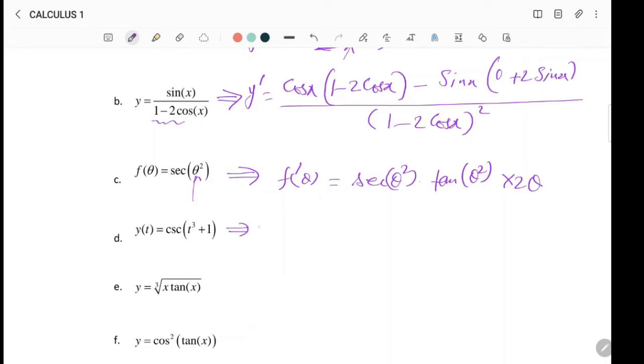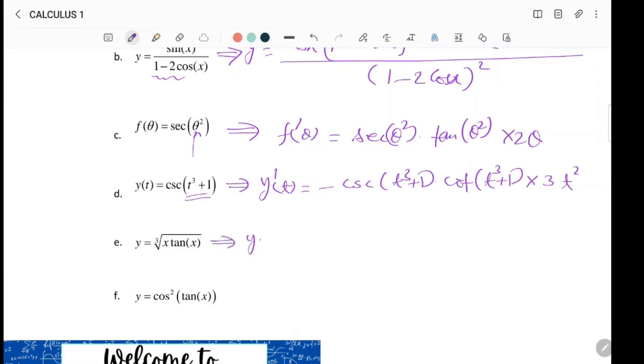Okay, now here y dash t is cosec x differentiation is minus cosec x cot x. So here x is t cube plus 1. So minus cosec t cube plus 1, cot t cube plus 1. And then t cube plus 1 differentiation is 3t square.